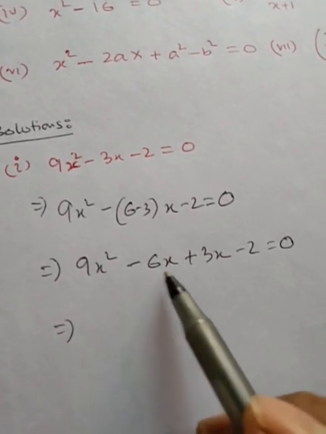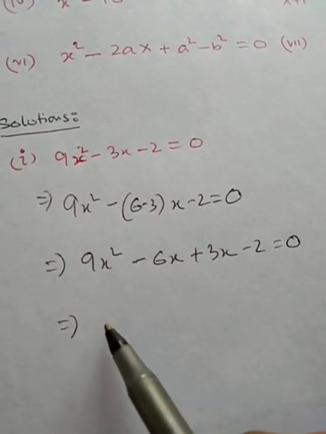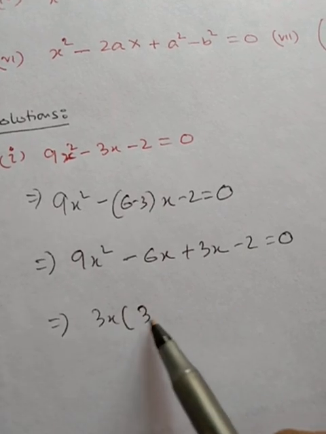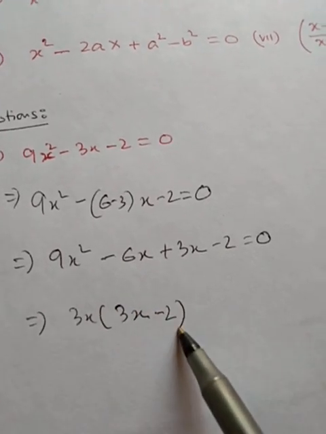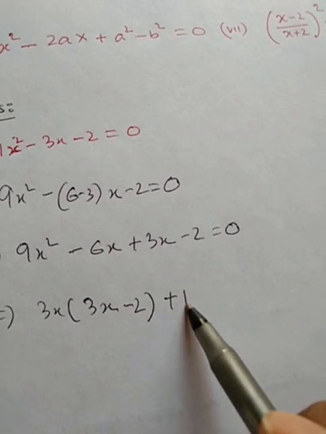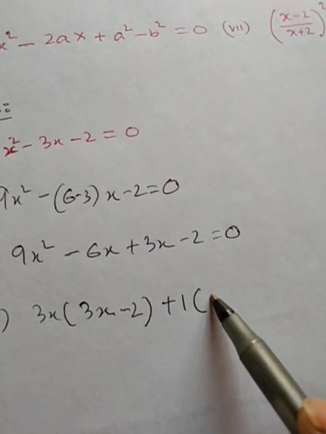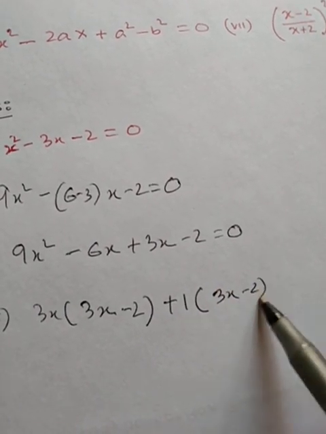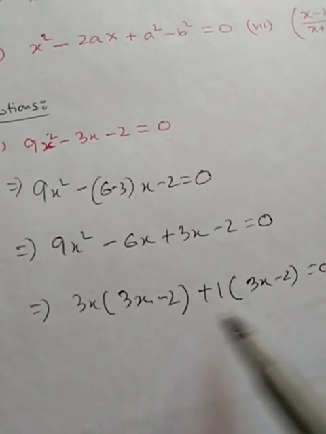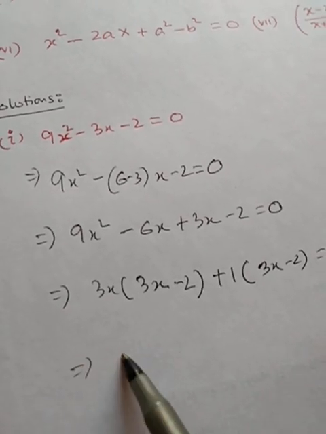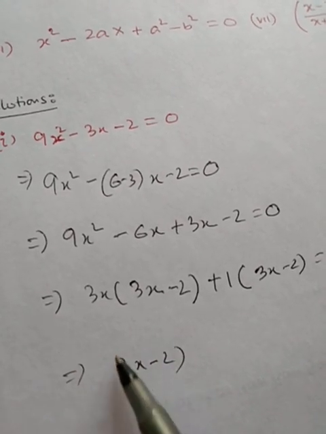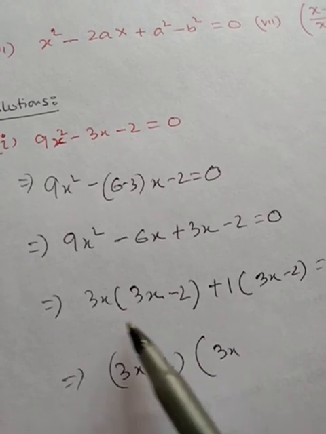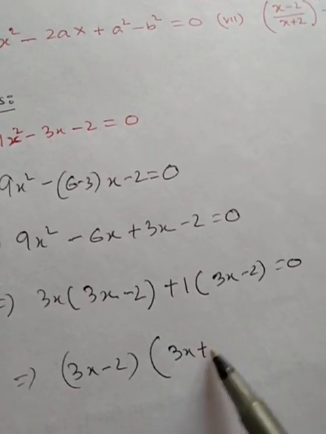So from these two terms 3x taken common, so then 3x minus 2 is left, and from here plus 1 common, that will be again 3x minus 2. So now this 3x minus 2 taken outside as common, then here 3x left and plus 1 left.